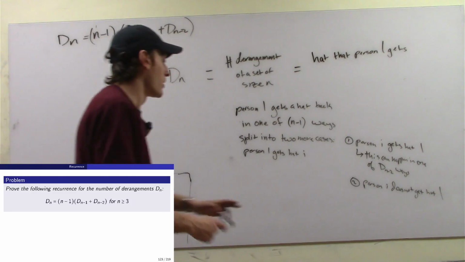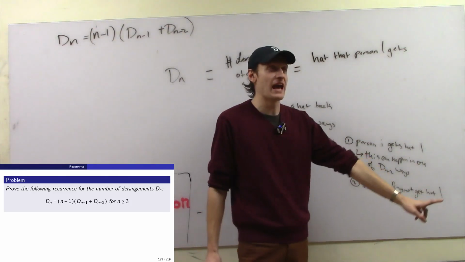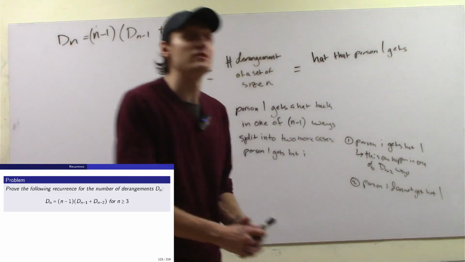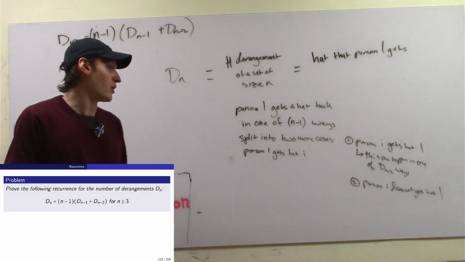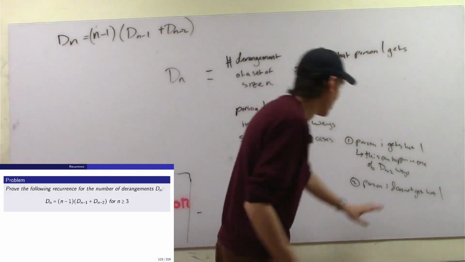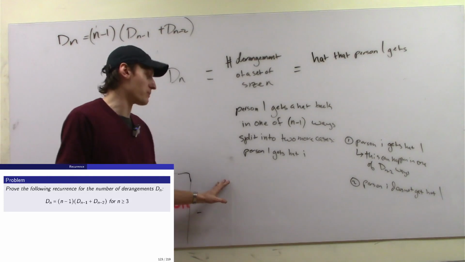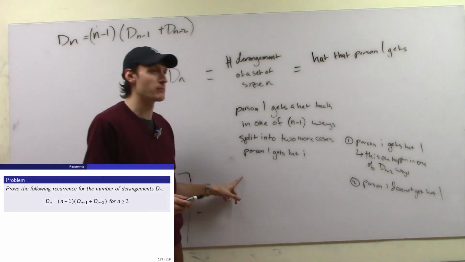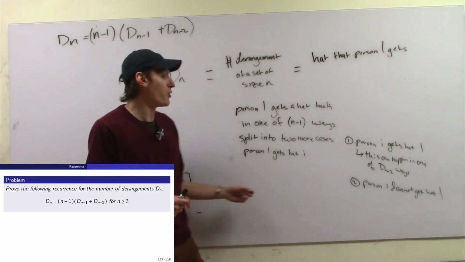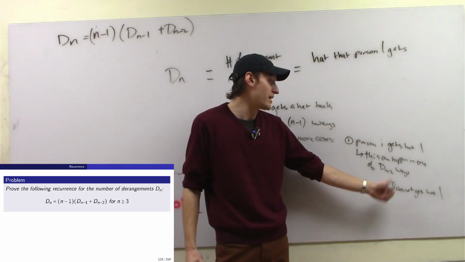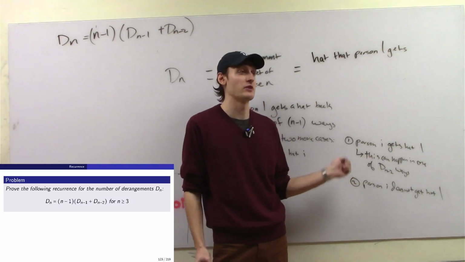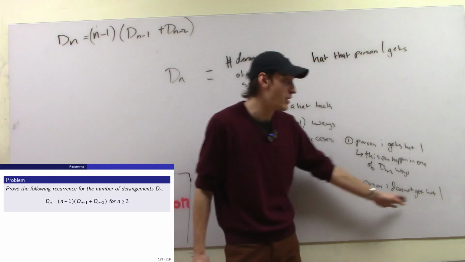Next, we have to figure out the case where person i doesn't get hat 1. So they get some other hat. Hat i is out of the picture. And we can think about, what if we were to give person i hat 1? We can think of that as replacing the idea of a fixed point.